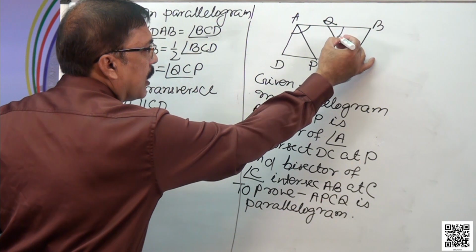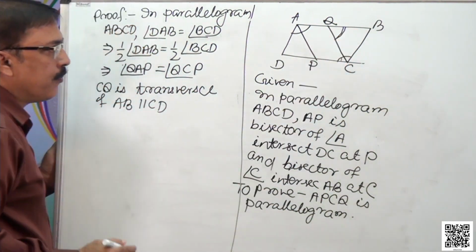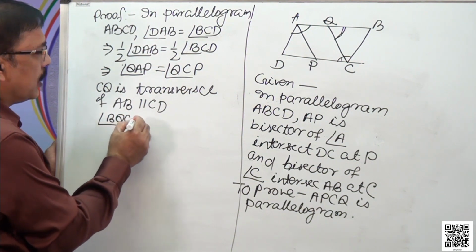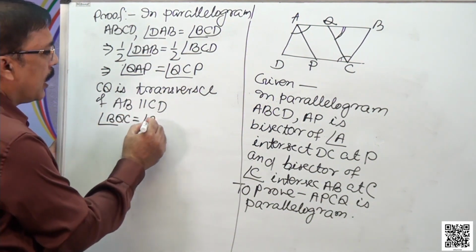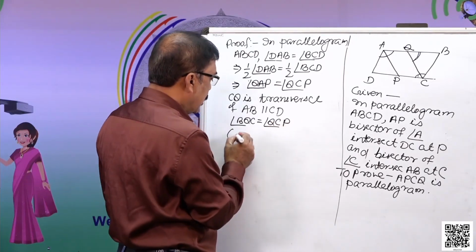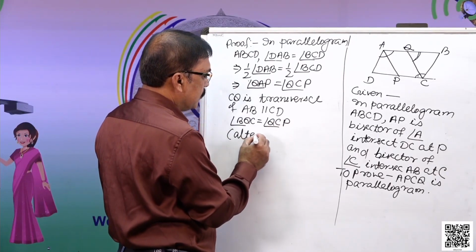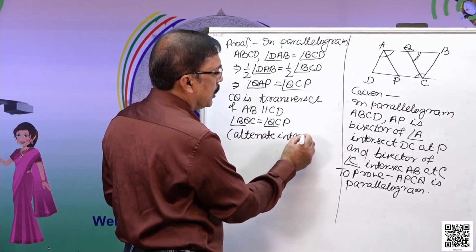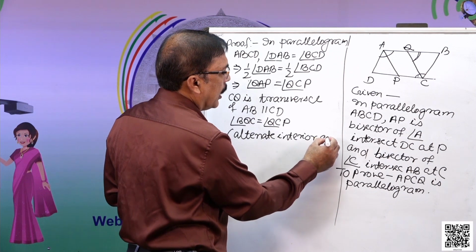So we can say angle BQC is equal to angle QCP, alternate interior angles.